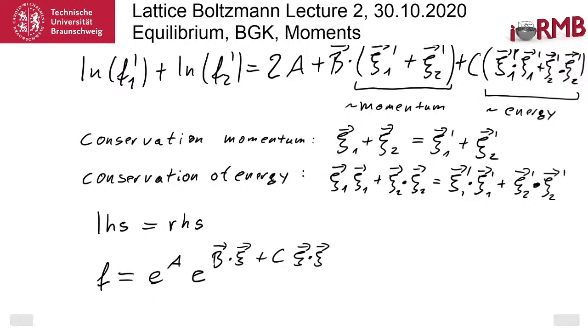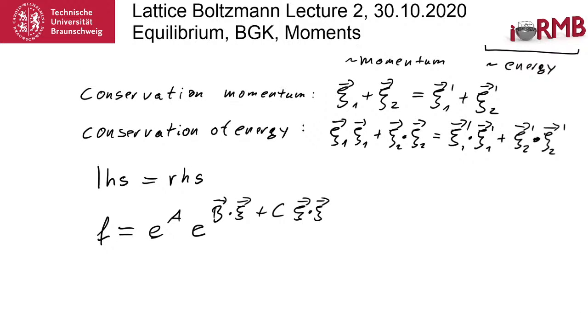But this is only the general form, yeah. The actual distribution, if we put in, so basically, this is what Boltzmann got. This is what Boltzmann got.